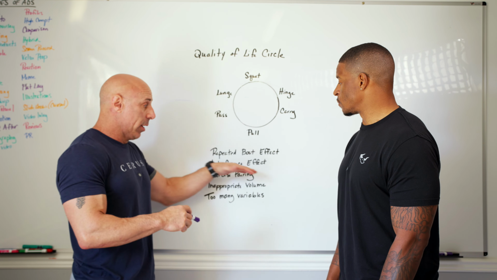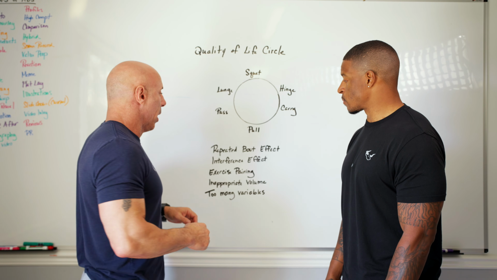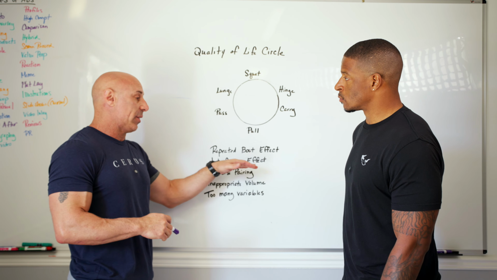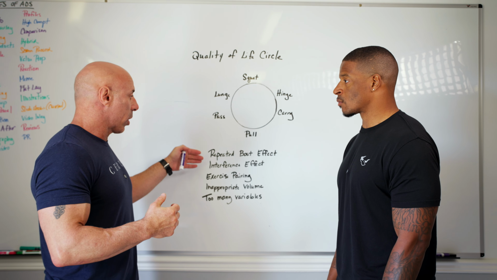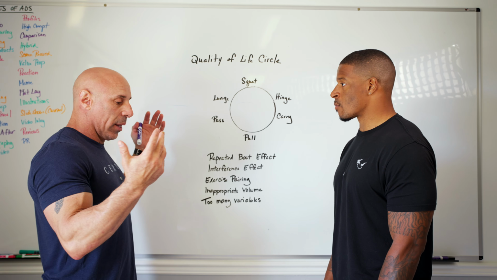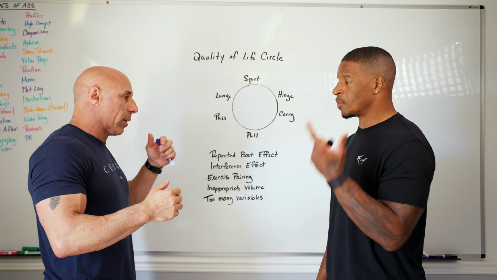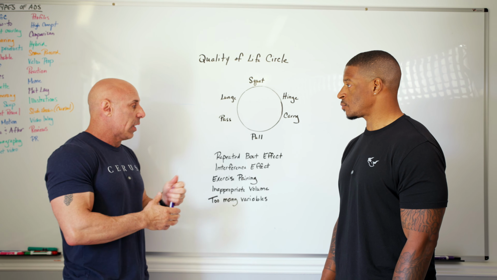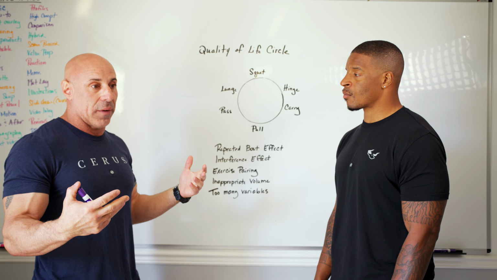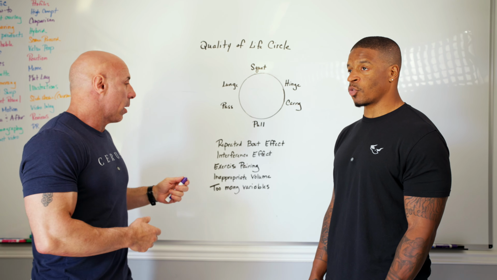Now, it can be done, but it has to be separated by a lot of time. So we program to minimize the interference effect. When we put out a program, we're looking for the most optimal way. And when you stay away from this, that's when you see a good effect and adaptation, and quick results too.